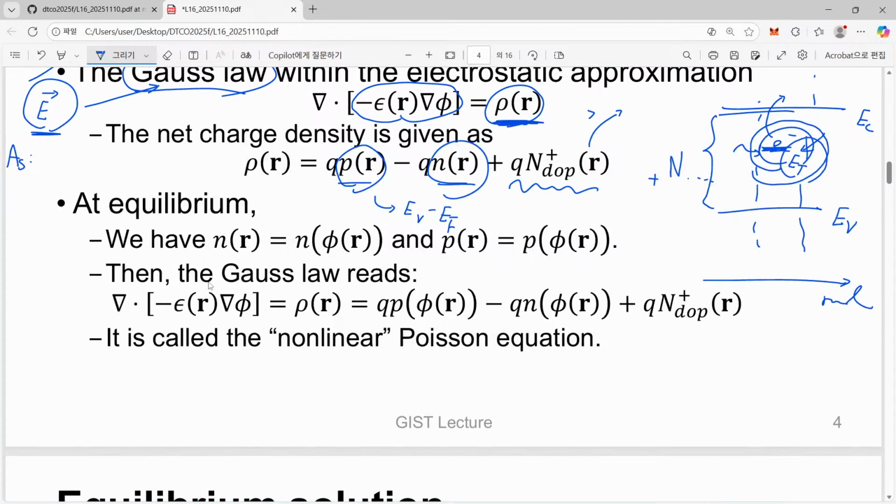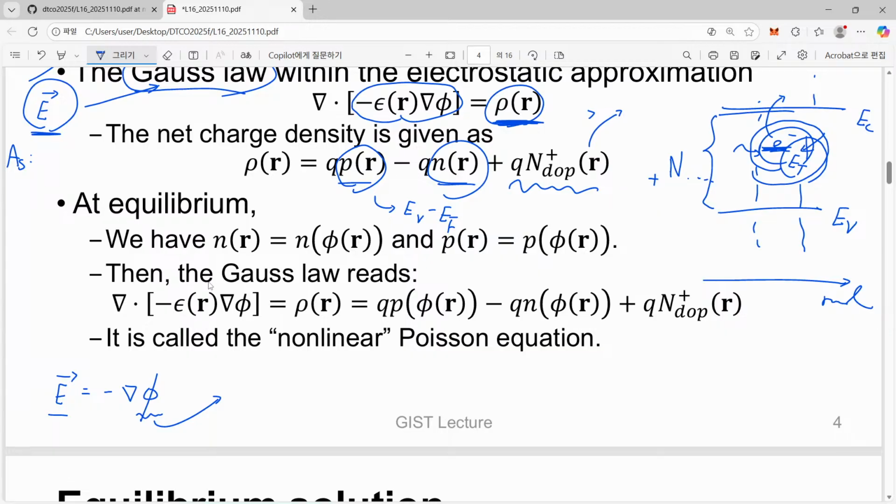In order to consider electric field, we have to introduce a quantity called electrostatic potential. They have this relation: electric field is given as the gradient of electrostatic potential.